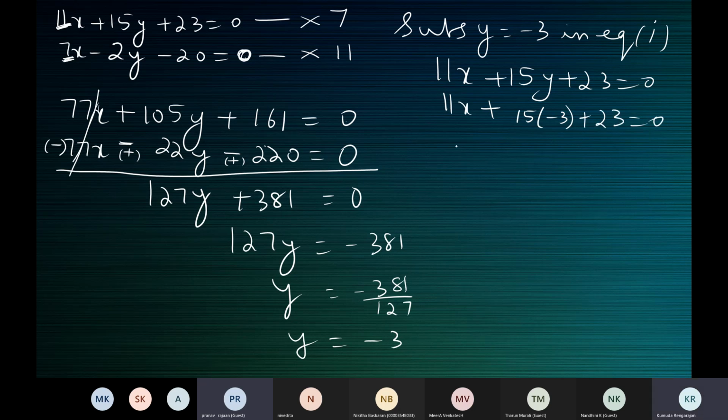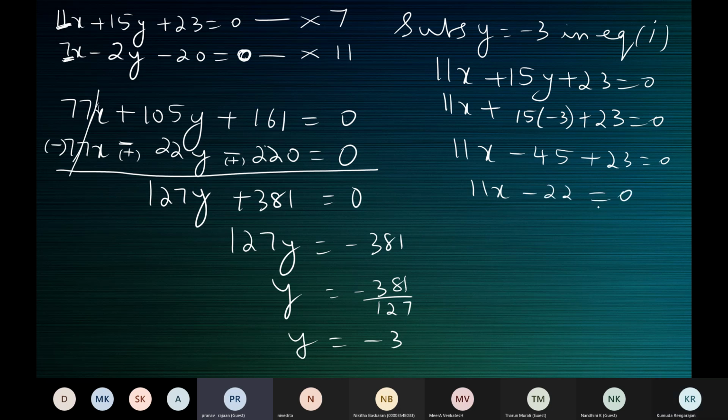Now we must do 11x plus 15 into minus 3 is minus 45, plus 23 is equal to 0. Minus 45 plus 23 is equal to minus 22, is equal to 0. So 11x is equal to 22.